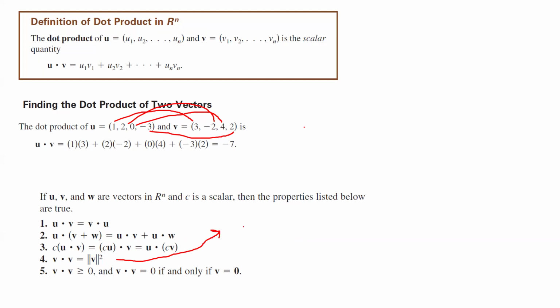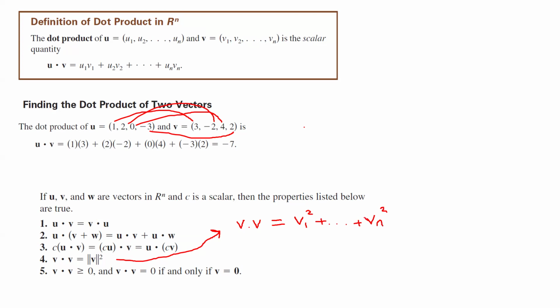If you have vector v, like v1, v2, v3, up to vn, v dot v is equal to v1 squared plus v2 squared plus v3 squared plus the rest of the components raised to the second power, up to vn to the second power.